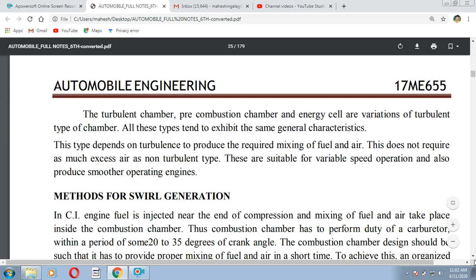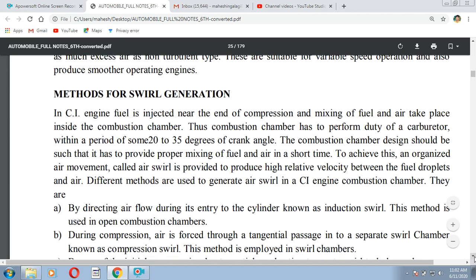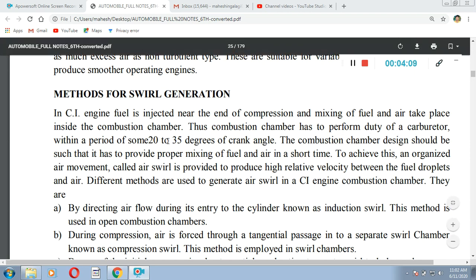Now the method of swirl generation. Swirl means formation of turbulence. So what are the methods? In the CI engine, the fuel is injected near the end of the compression, and mixing of fuel and air takes place inside the combustion chamber. Thus the combustion chamber has to perform the duty of a carburetor within a period of 20 to 35 degrees of crank angle.